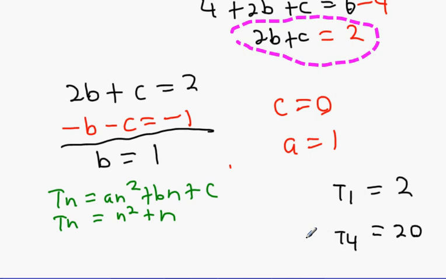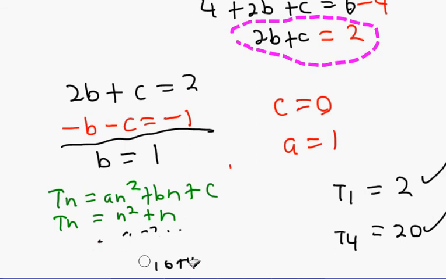This part is extra, just a quick check to see if you're correct. T1 is going to be 1 squared plus 1. What's 1 squared plus 1? T1 is correct. Let's see if T4 works. 4 squared plus 4 is 16 plus 4. Is 16 plus 4 20? Yes, it is. Therefore, we've gotten the right answer.